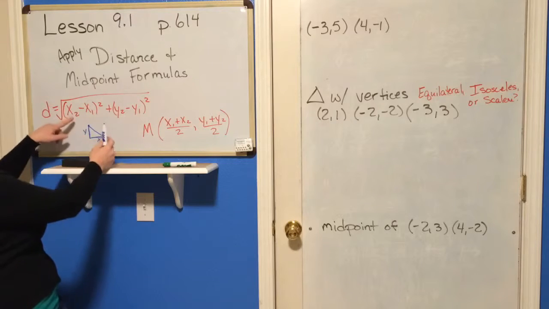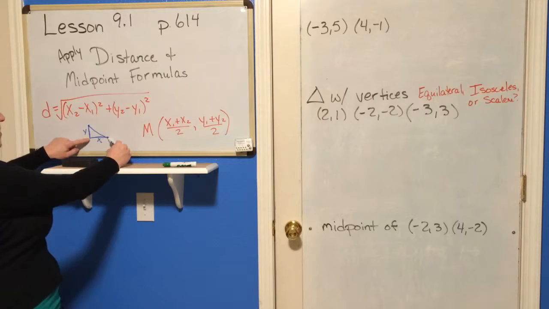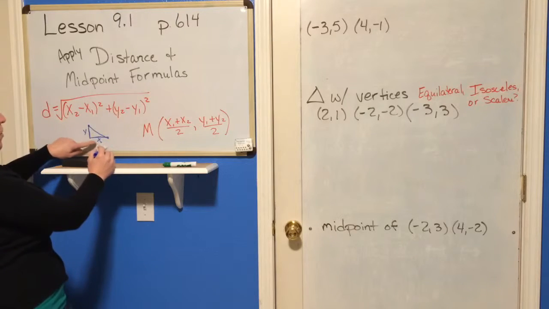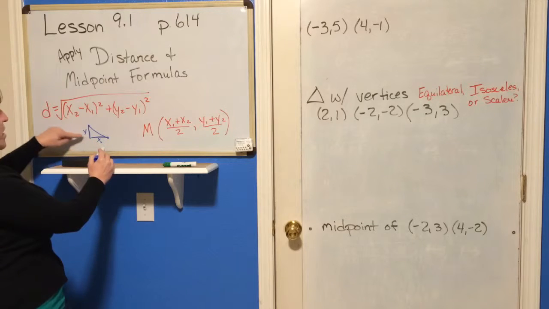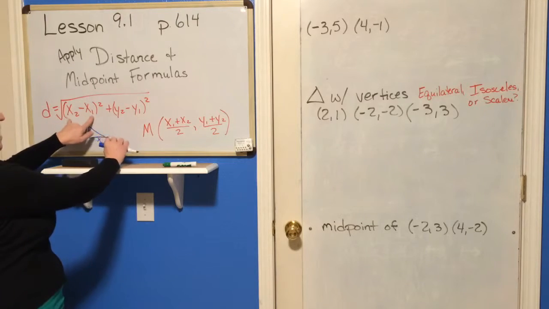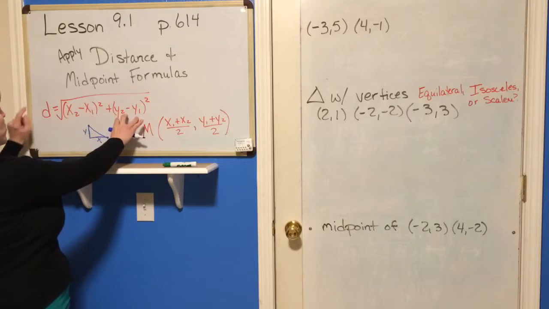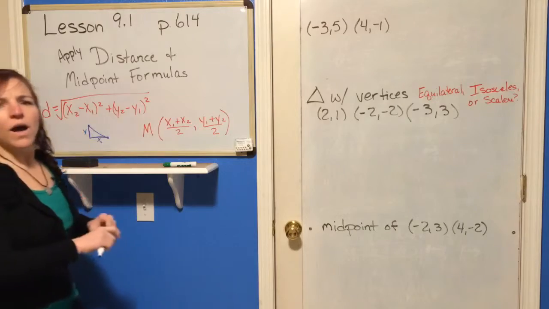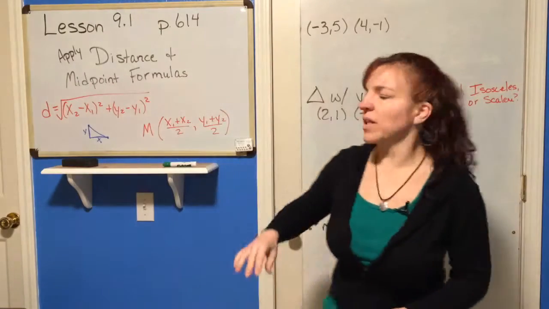And so what we've done is we found this length, and we're going to square it, and we found this length, and we're going to square it, and added them together. And so remember a squared plus b squared equals c squared. That's why we take the square root of it. Anyway, that was a quick reminder of where the distance formula comes from.